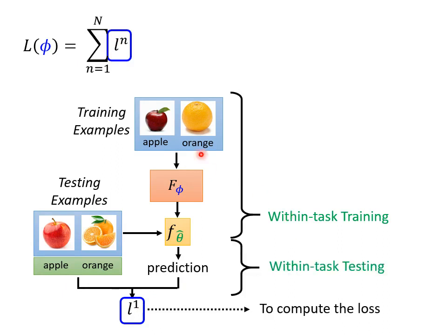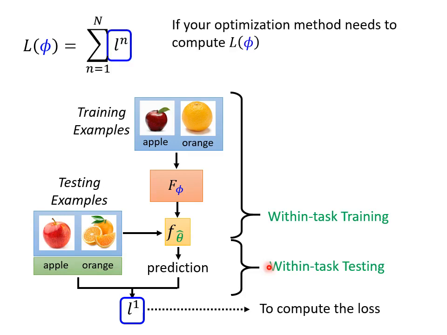We need within task training to obtain theta hat based on the learning algorithm we consider. Then we need within task testing to obtain the classification results. So we can compute the loss here. We can compute small l here. So to obtain capital L, we need to know small l. And to obtain small l, we need within task training and within task testing.